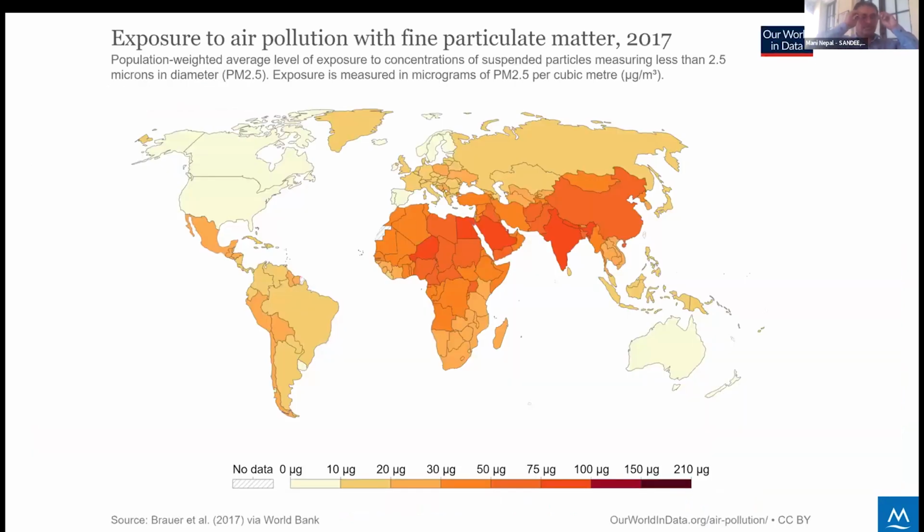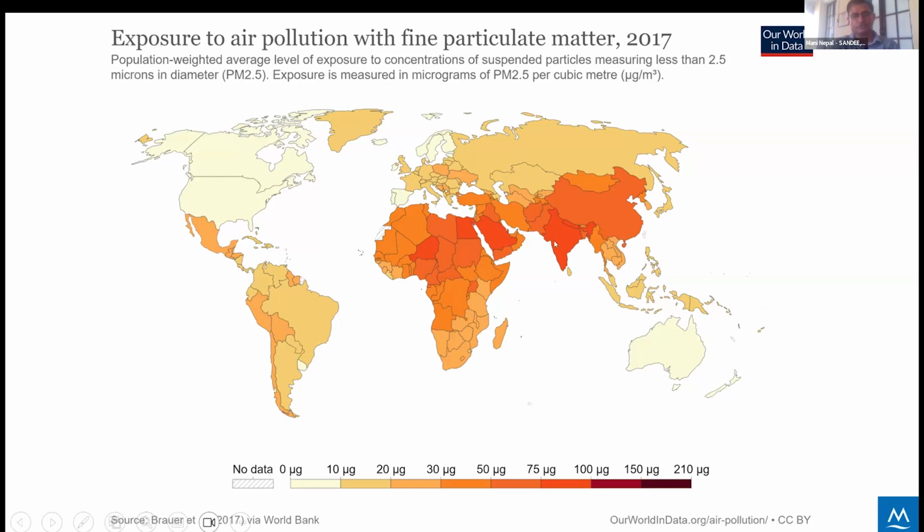So let's look at the global information on the distribution of PM 2.5, which is the particulate matter of diameter 2.5 micrometers. If you see here, this graph shows that in our region, South Asia, China and Afghanistan, this place is more dark.